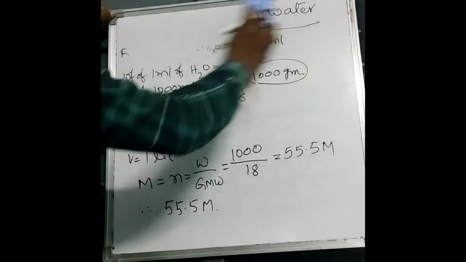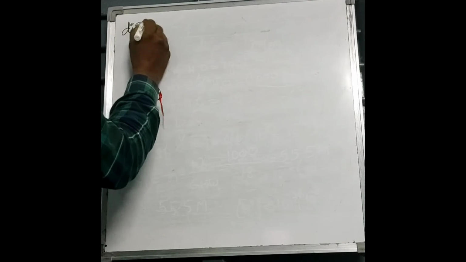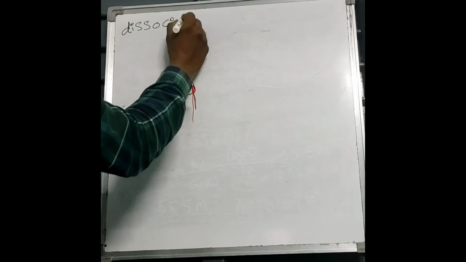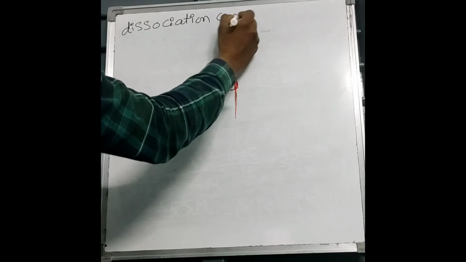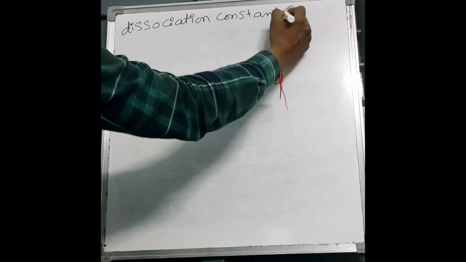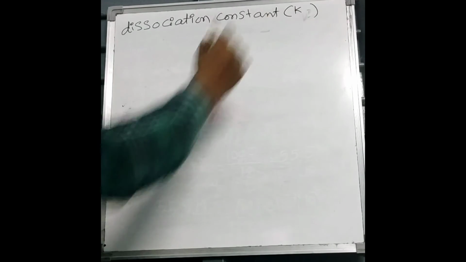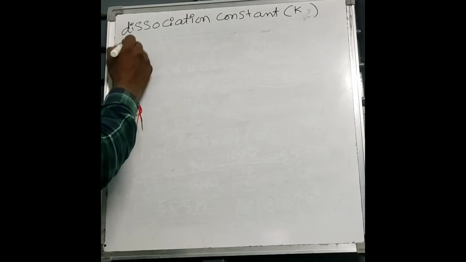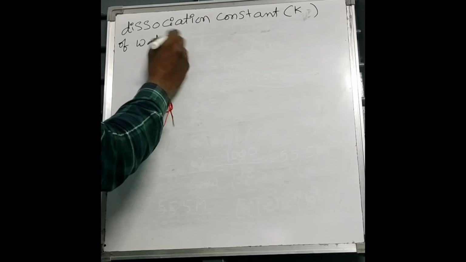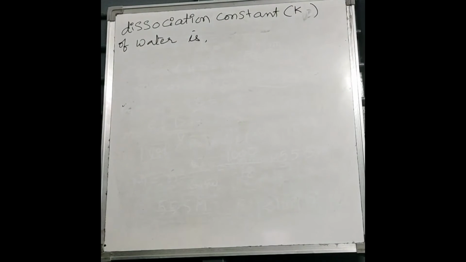Now, dissociation constant. That is Ka for acids, Kb for bases; the dissociation constant of water is K. Dissociation constant is also called ionization constant.